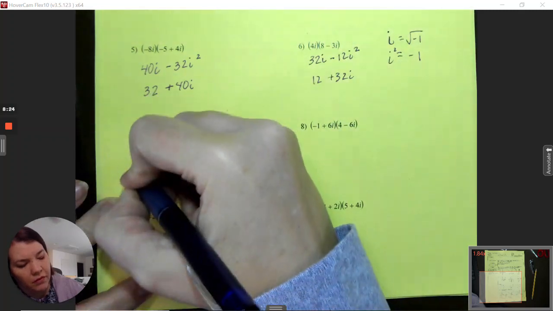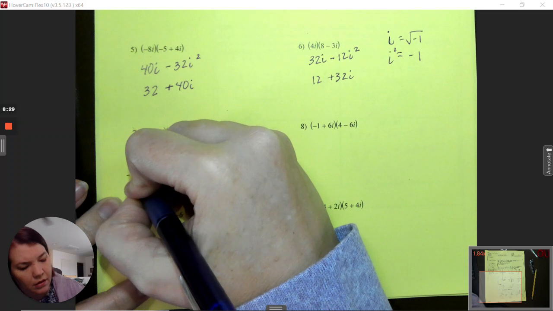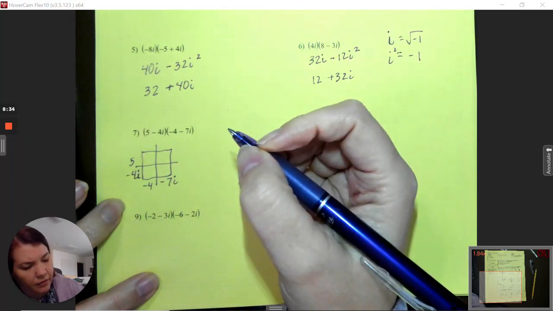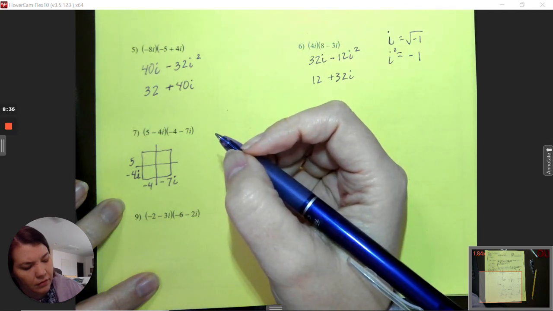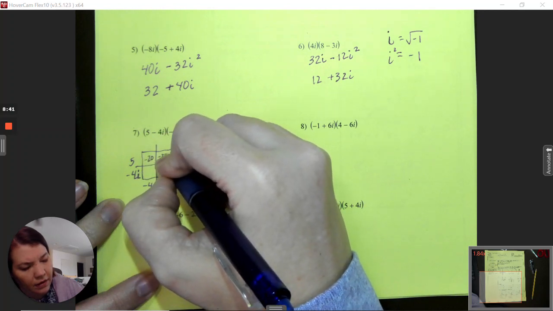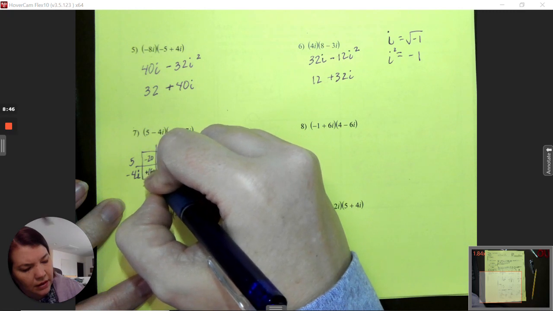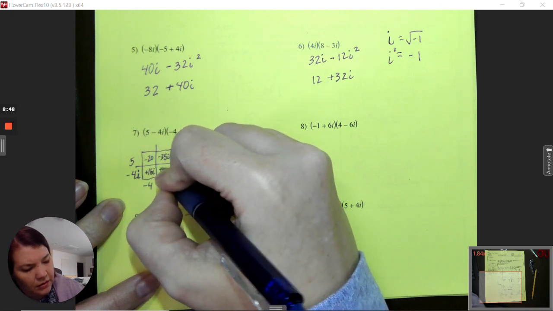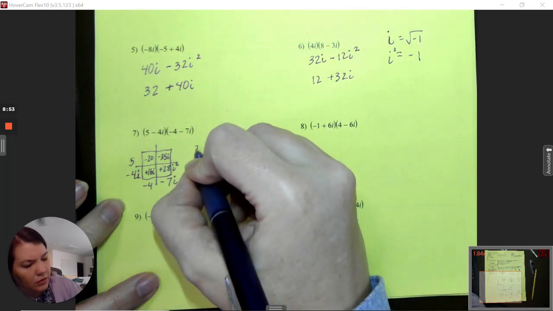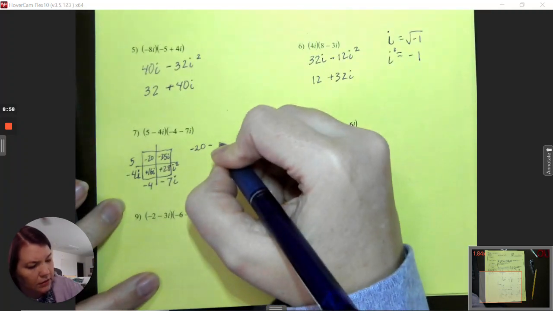So we've got 5 minus 4i and -4 minus 7i. And so 5 times -4 is -20, -35i, positive 16i, and positive 28i squared, which leads me to -20 minus 19i, I think.